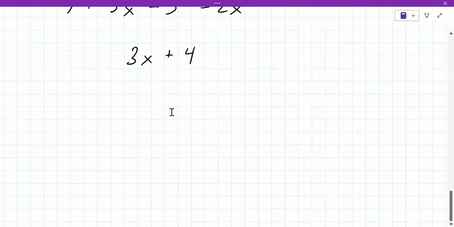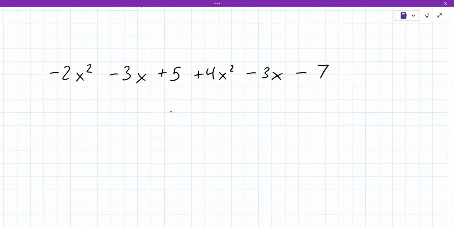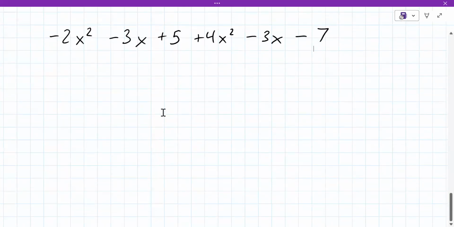That's great. Let's make one a little bit more difficult for you. Let's go minus 2x squared minus 3x plus 5 plus 4x squared minus 3x minus 7. So I'm just trying to really up the difficulty here. You're doing a great job.